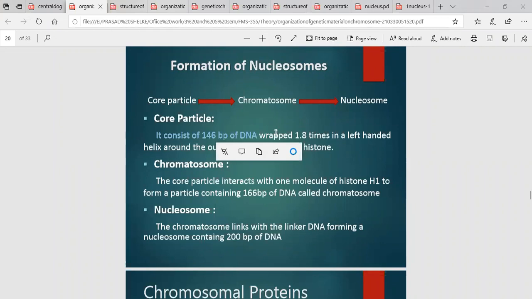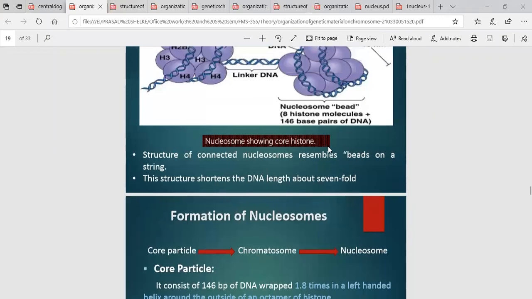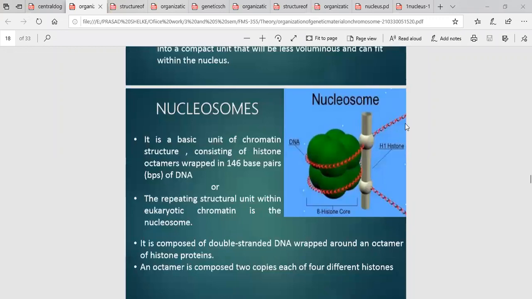This is specific to individual organisms. It is wrapped around 1.8 times in a left-handed helix around the octamer of histone. In this diagram, you can see the 146 base pairs of DNA wrapped around the octamer, and this folding is around 1.8 times. So this is one time and this is 1.8 times.